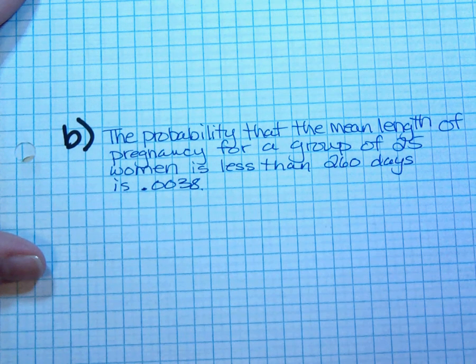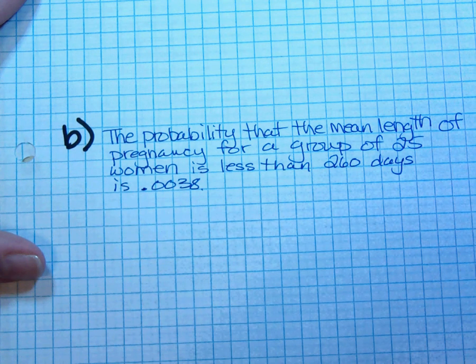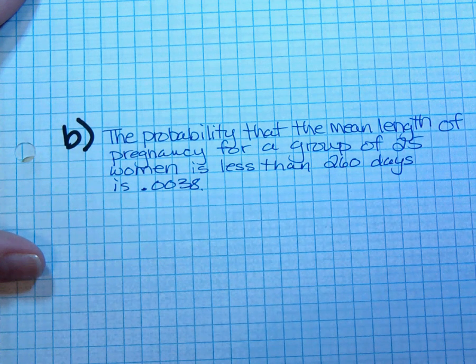Very unlikely that you would find 25 women and that their mean pregnancy length would be less than 260 days.